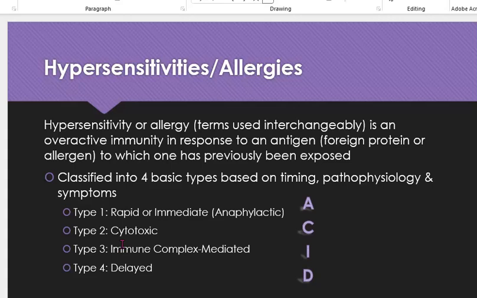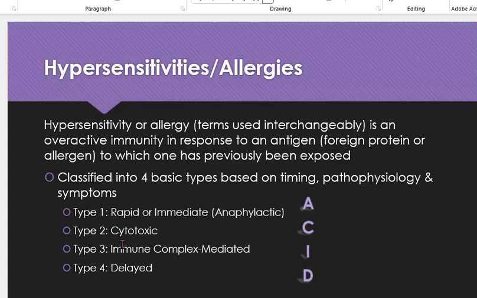And then type 2, which is your cytotoxic mediated responses, occur when the body makes autoantibodies directed against self cells that have some form of attached foreign protein. The autoantibody binds to the self cell and forms an immune complex.